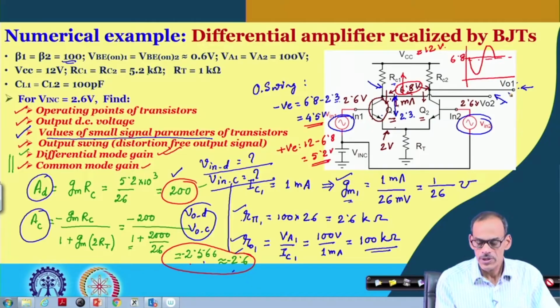So, keeping the operating point same, let us find what will be the corresponding output for a given set of V in 1 and V in 2.